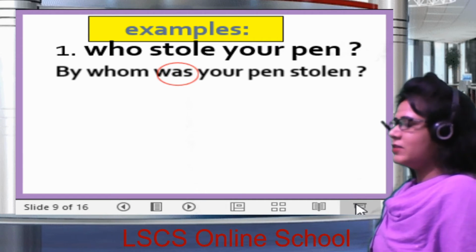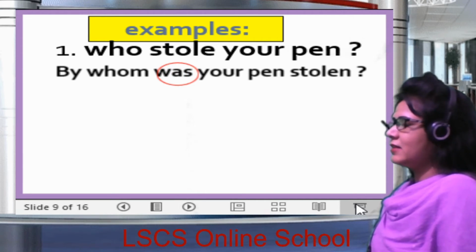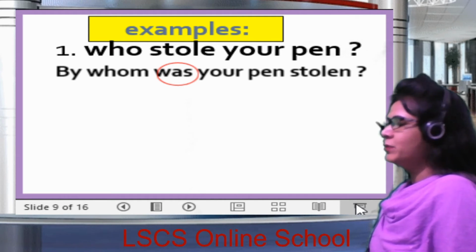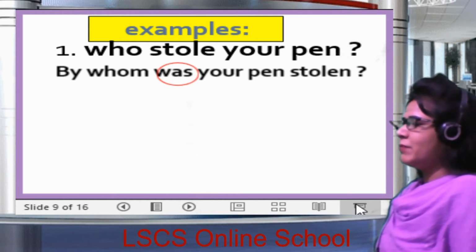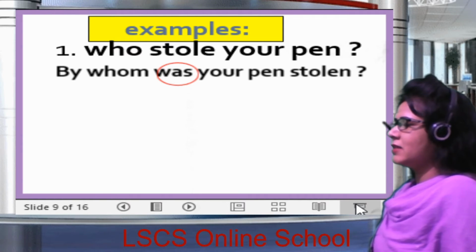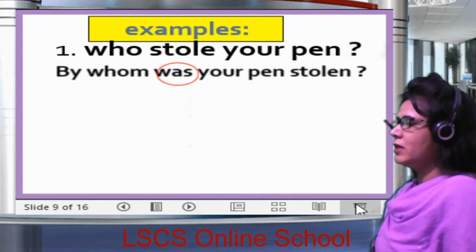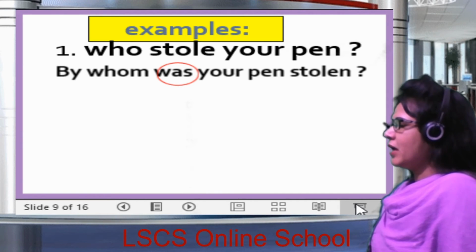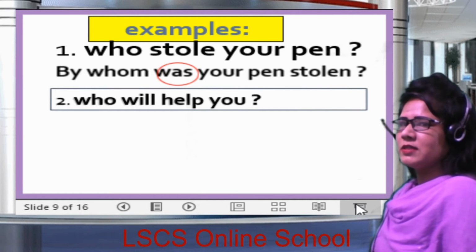So dear learners, the first sentence is active and the second sentence is in passive mode. আমরা কিভাবে চেঞ্জ করলাম? who এর পরিবর্তে by whom and was helping verb, because this is past indefinite tense, এজন্য আমরা এখানে was বসিয়েছি, your pen, and then verb এর pp form, শেষে আমরা একটা question mark ইউজ করেছি.